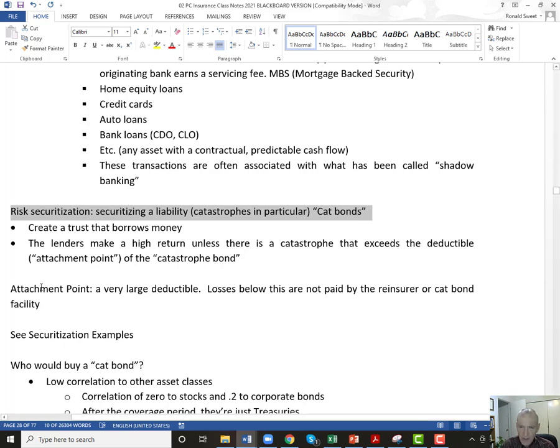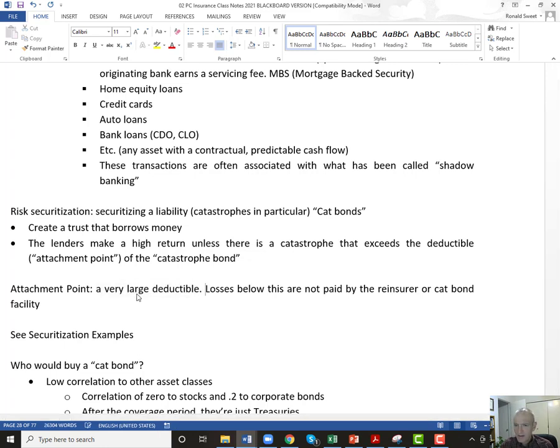But the attachment point is extremely high, a very high deductible, so there's very low probability it's going to happen. For losses below the attachment point, nothing's paid out, and the cat bond investors make the return. We need to look at some examples of cat bonds and see how they actually work, so that we can get a little bit of practice with these.